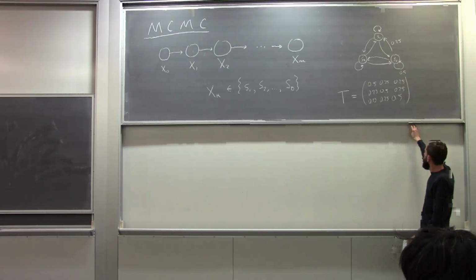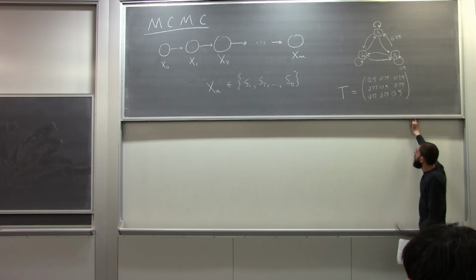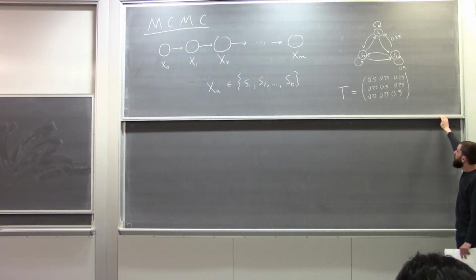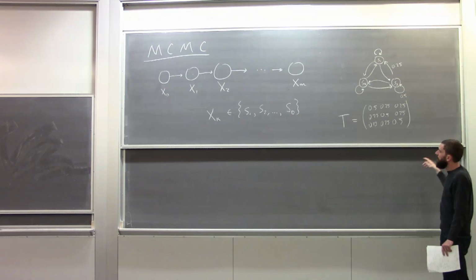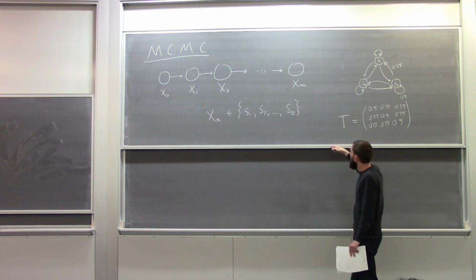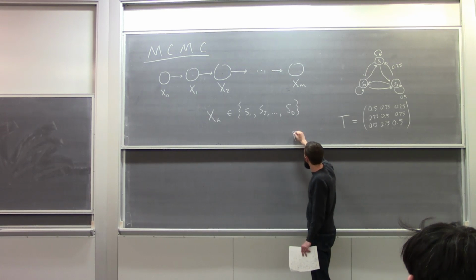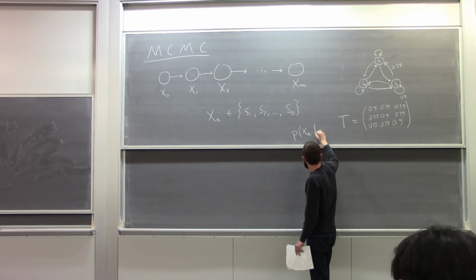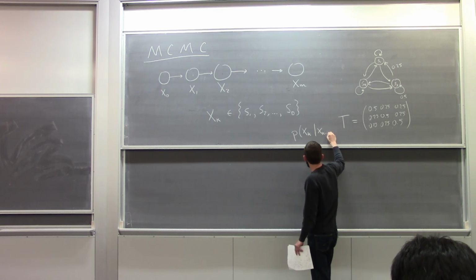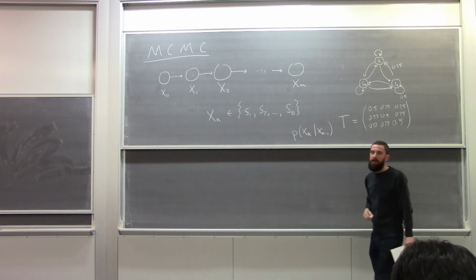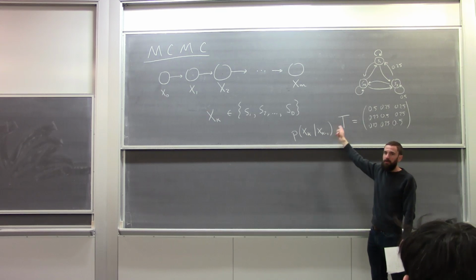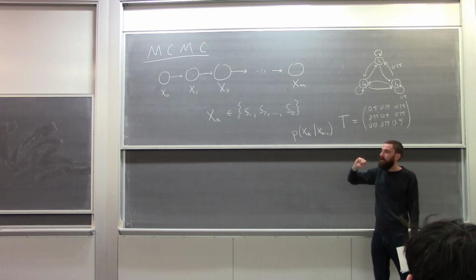One way to see this transition probability is that it's really just the same thing as the conditional distribution P of xk given xk minus 1. These are equivalent concepts.